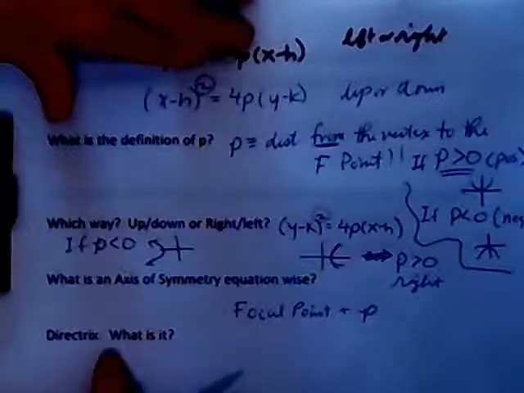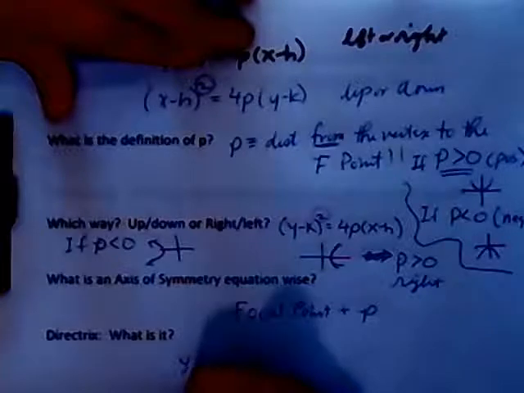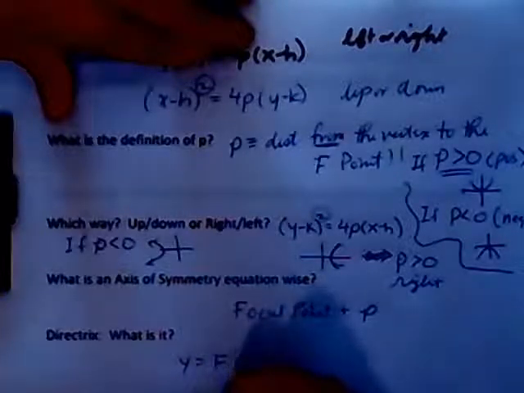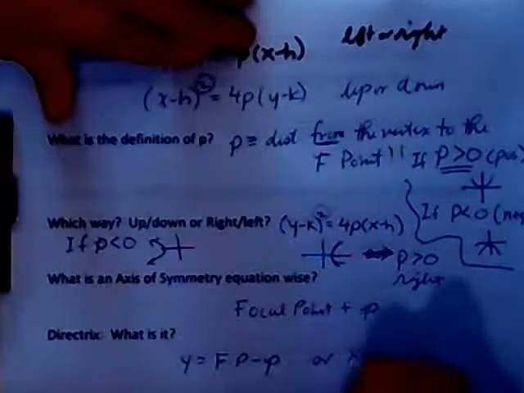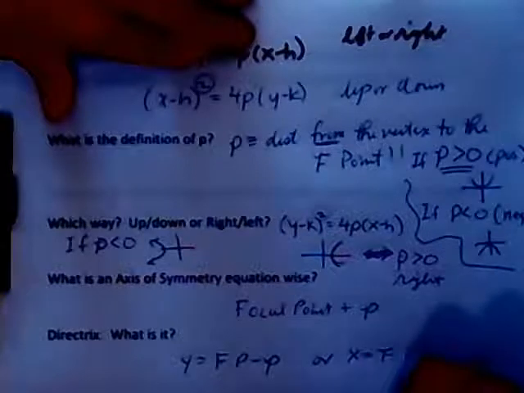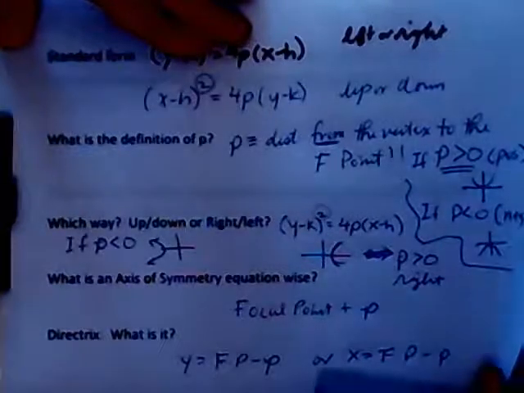The directrix, what is it? It's going to be y equals the focal point minus the p-value, or x equals the focal point minus the p-value. Whatever that p-value is, we're going to figure out what it is a little bit later on. So let's get started and do some examples.